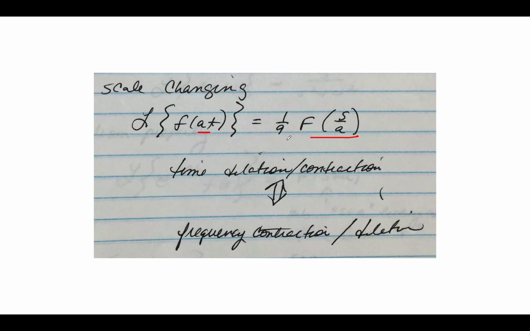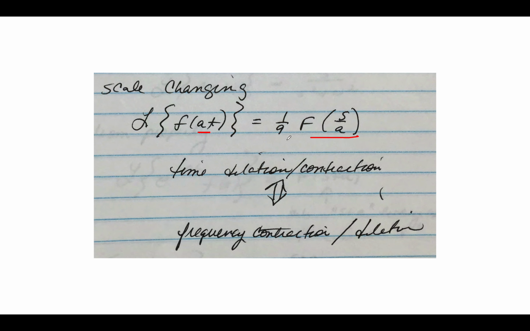And then you have this constant here, 1 over a, so that things come out right in the integration and everything is normalized. So basically, time dilation transforms into frequency contraction, and time contraction transforms into frequency dilation. They have the opposite trend.